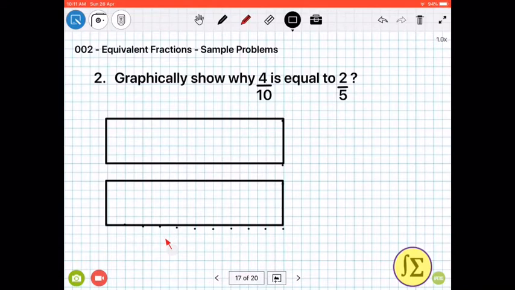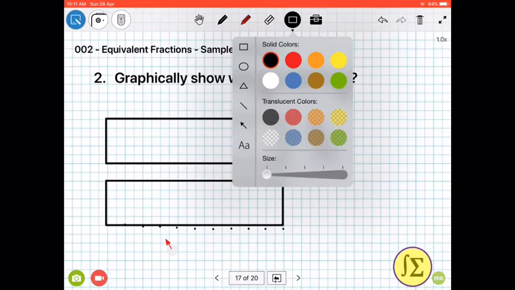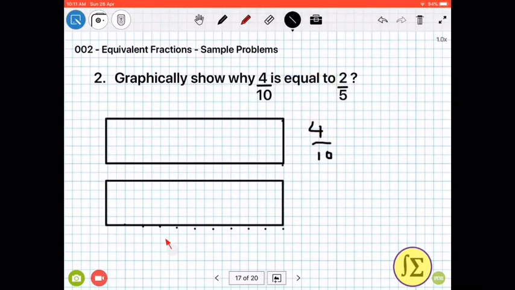So I'm going to do 4 over 10 first. So I'm going to divide these into 10 equal pieces. The first one, second, and 9 and 10.